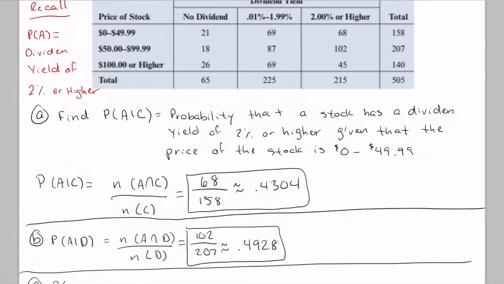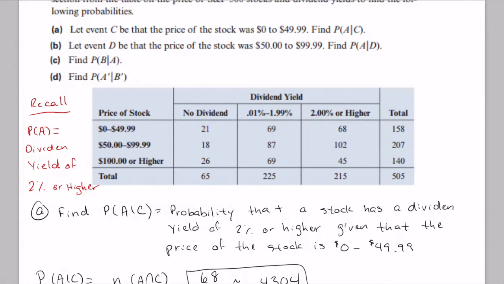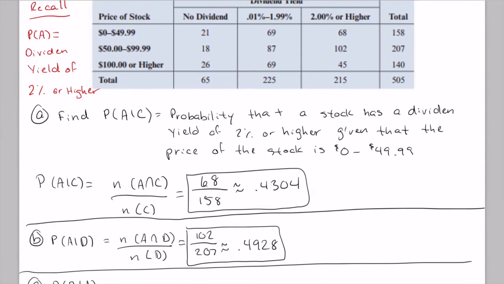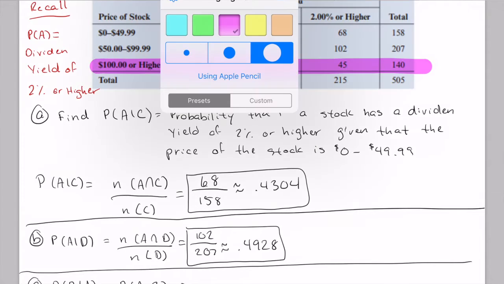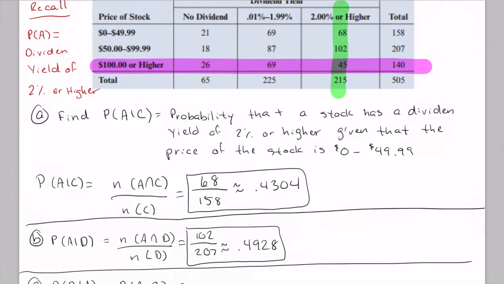Now they changed it, P B of A. So it says find P of B given A. But on this occasion, we have that this is the same thing as P of A given B. So A would be this with the change of this.